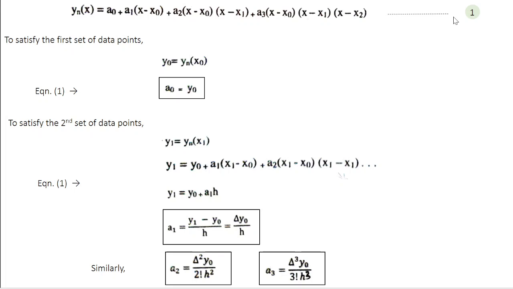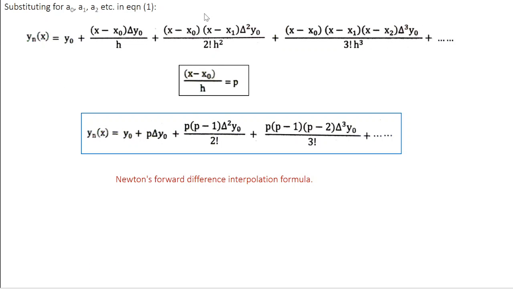So that will give you the final form of the nth degree polynomial yn of x equal to y0 plus (x minus x0) by h into delta y0 plus (x minus x0) into (x minus x1) divided by 2 factorial h square multiplied by delta square y0 plus all the way to the nth term, or the n minus 1th difference term.